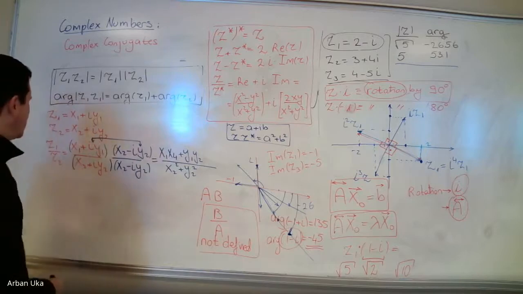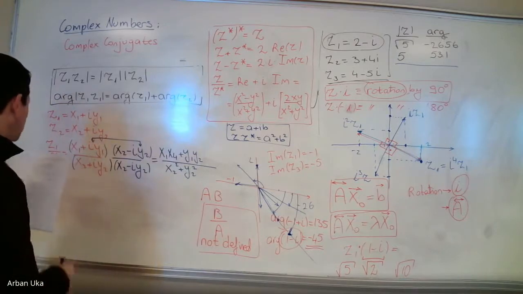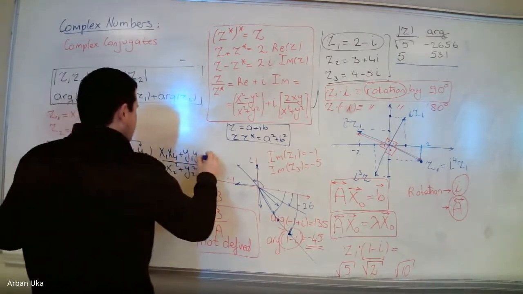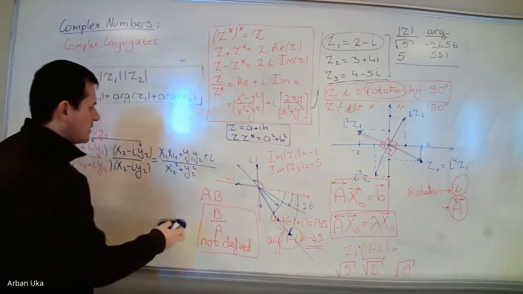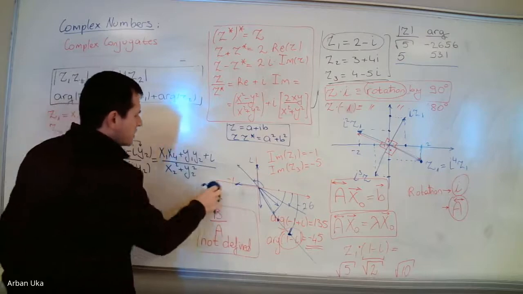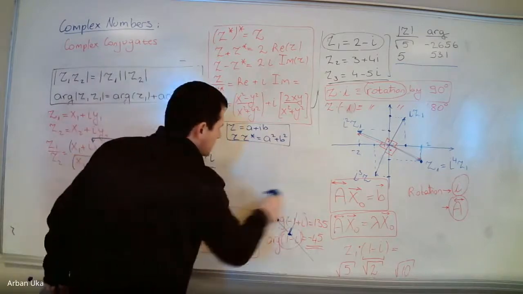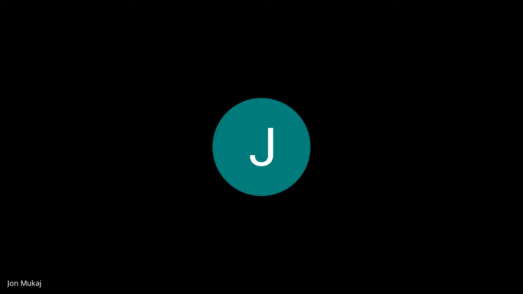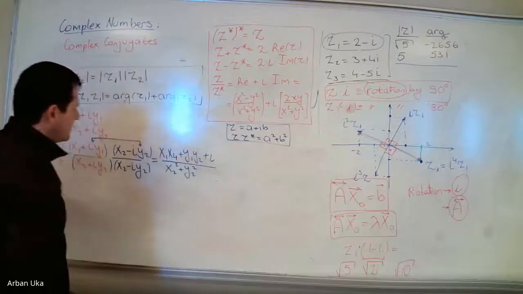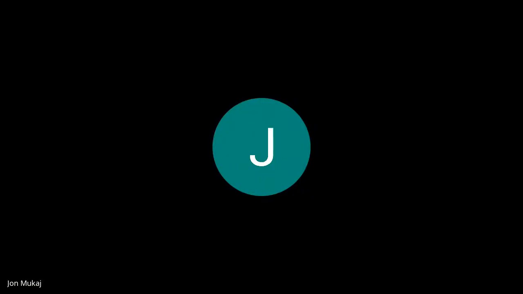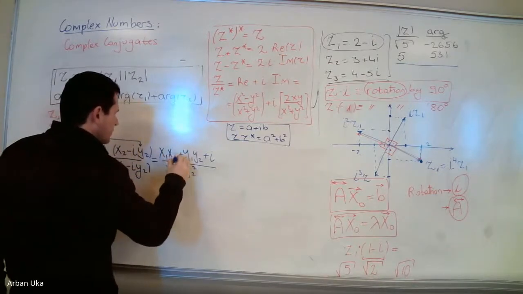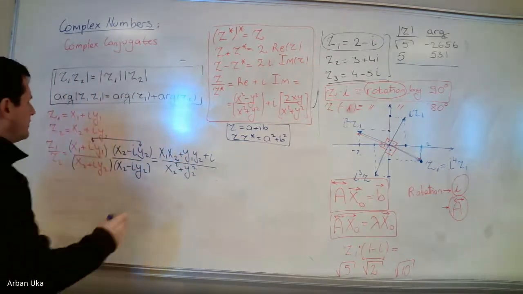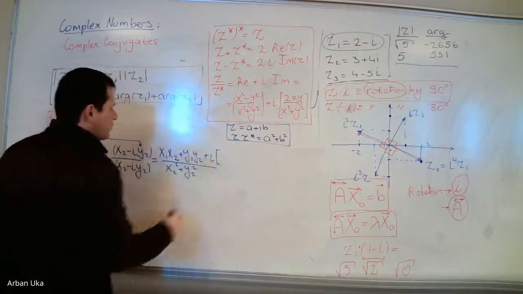And then we have plus I. Now this part was for demonstrative reasons. That was a mistake; it should be x2.